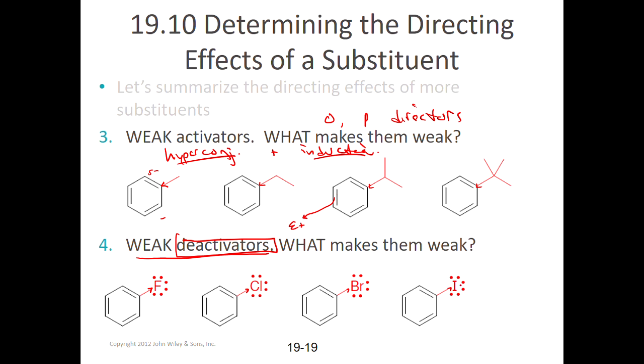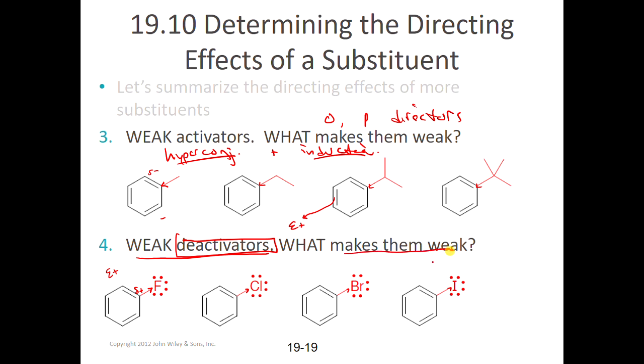Since these on net are electron withdrawing, they create a little bit of partial positive on the ring. More partial positive if the element's more electronegative, but then that partial positive will repel the electrophile, and so the reaction goes through a slightly higher energy transition state. So what makes them deactivators is withdrawing electrons.